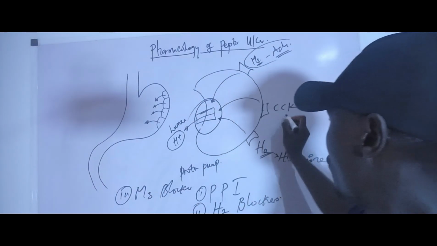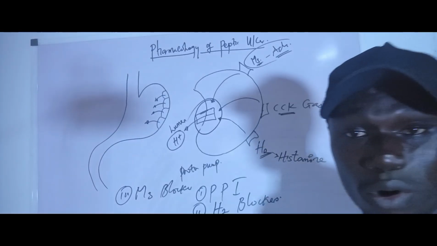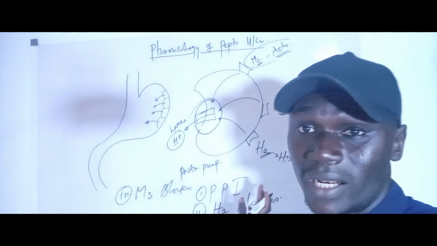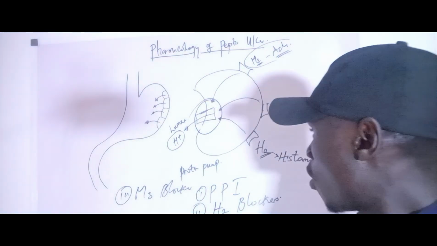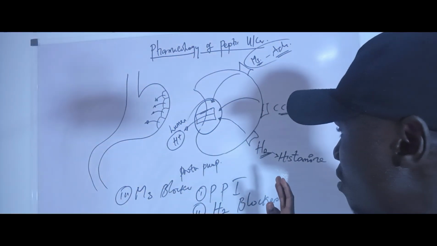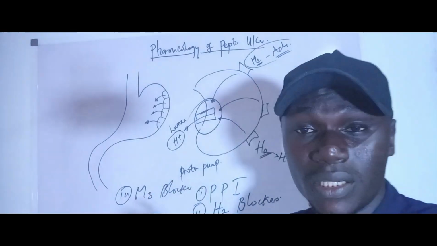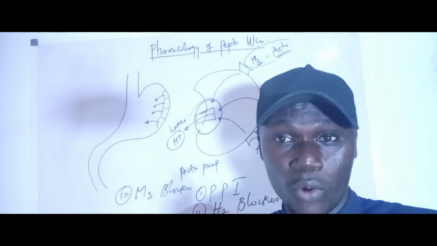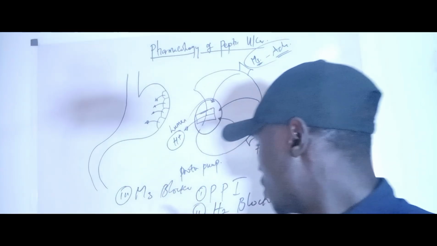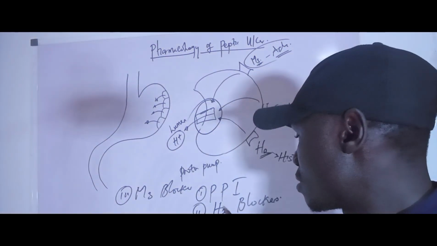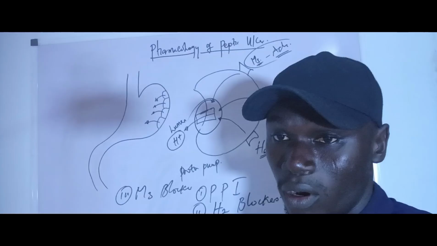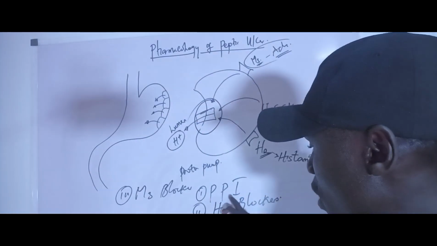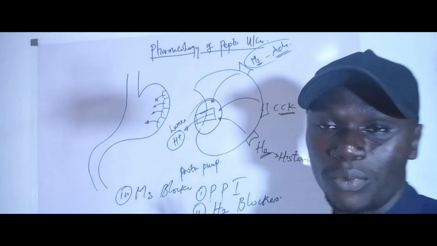Then for CCK, there is no drug yet that actually acts directly on that CCK receptor. So for now, under the drugs that reduce the secretion of acid, the major ones to take note of are the proton pump inhibitors and the H2 blockers. You can also take note of M3 blockers, but majorly these two.